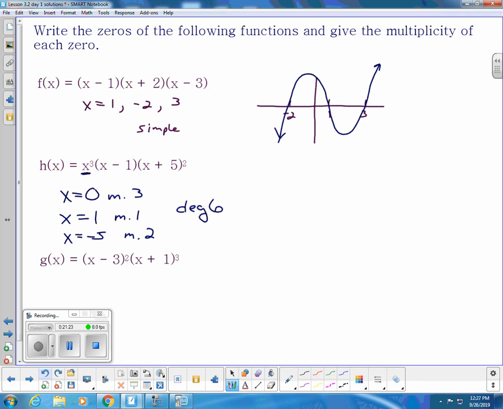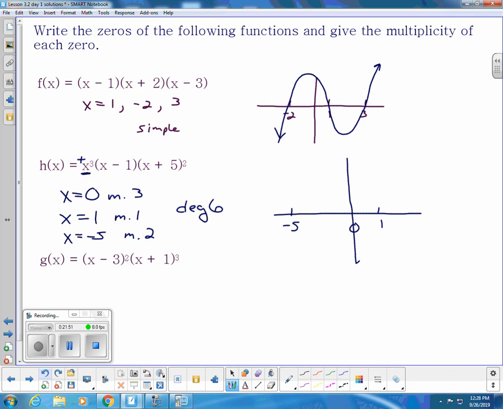You're looking at the front. If you don't see a negative out front, then it's positive. So what's the end behavior? They're both going up, right? So we are starting high and going to end high.